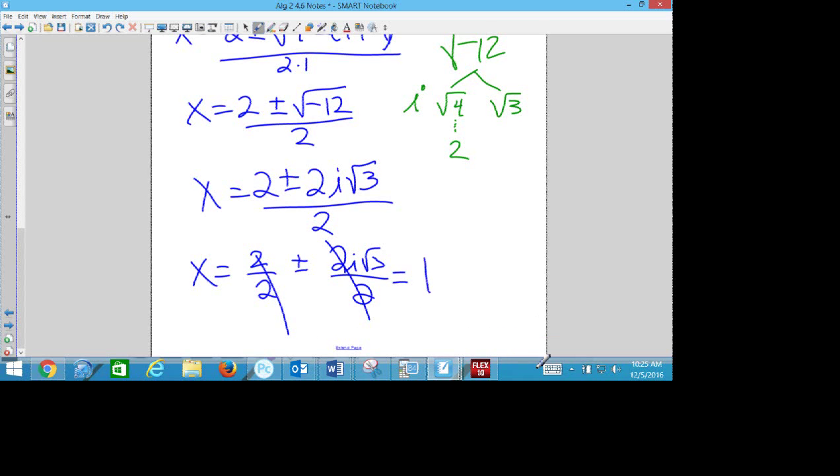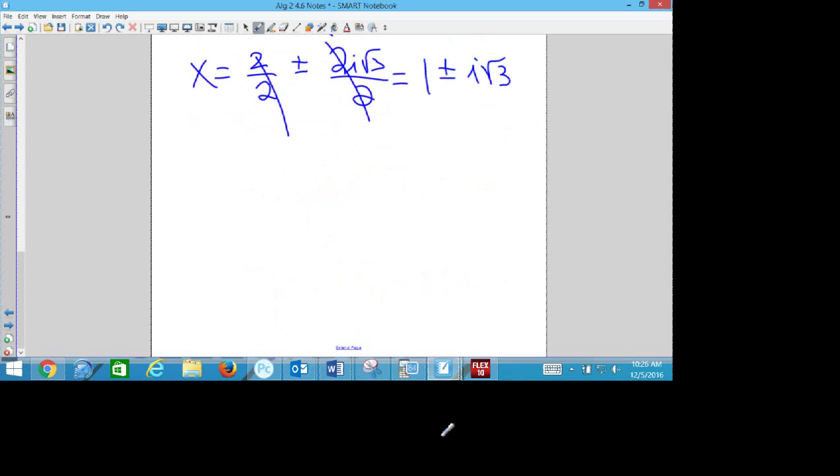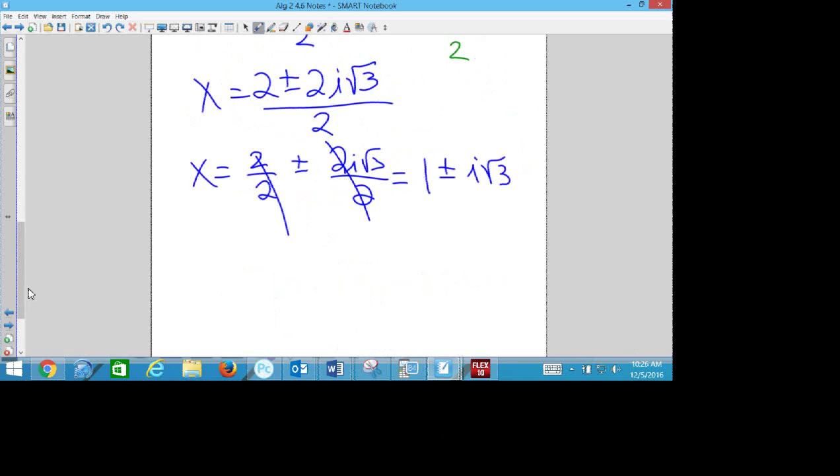It becomes 1 plus or minus i radical 3. And that is 2 answers. One is plus, the other is minus. We've already found the other 3, so we have all of them. We just list them: x equals negative 1, positive 1, 1 plus or minus i radical 3.